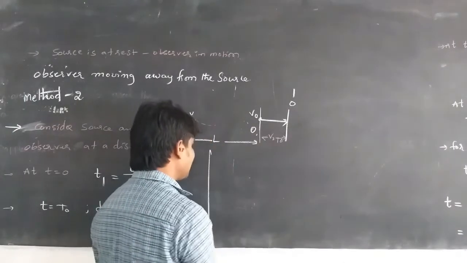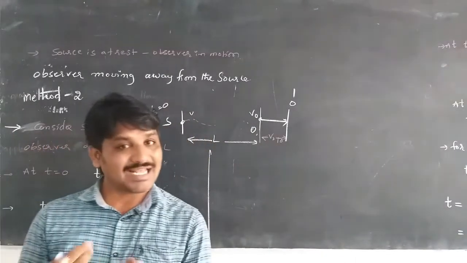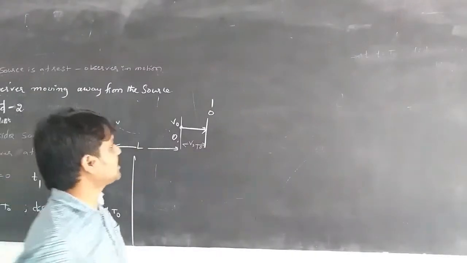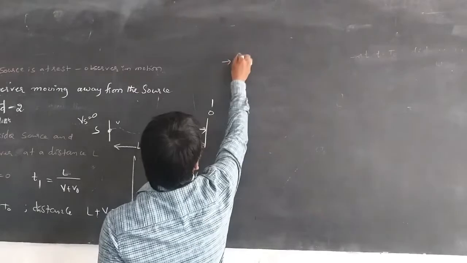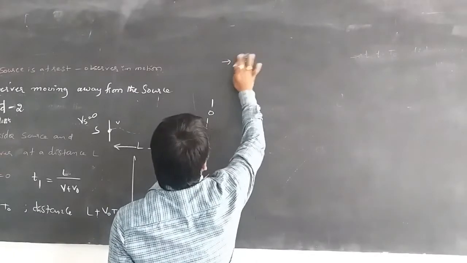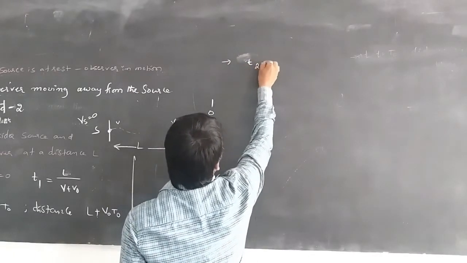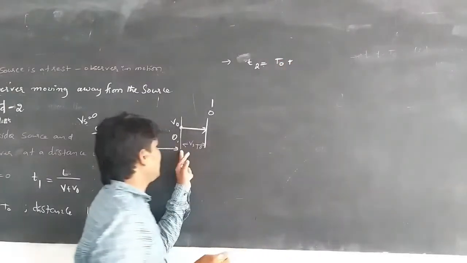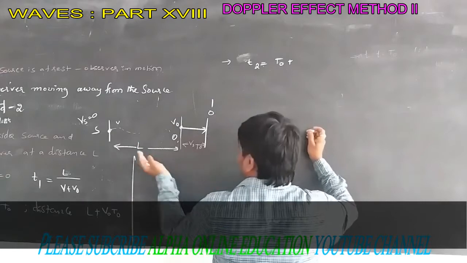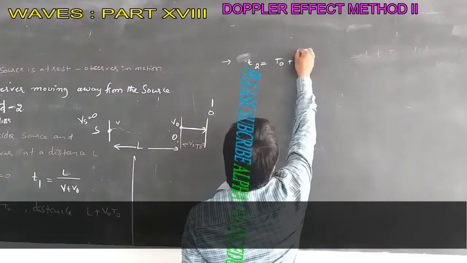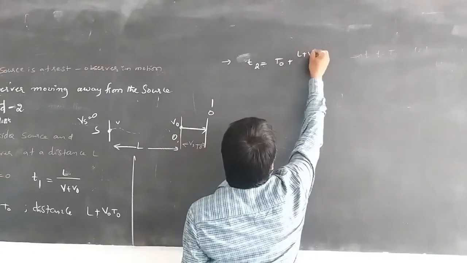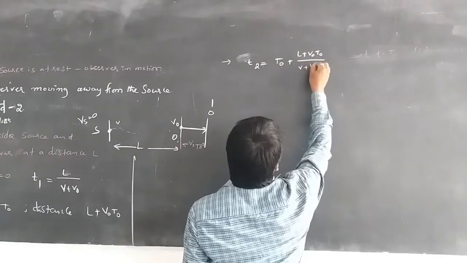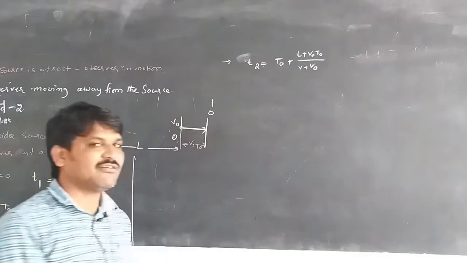So after some time he receives another wave over the distance L plus V0 T0. The second wave is received by the observer at T2, which is T0, the time taken to travel from O to O dash, plus the time taken to receive the wave, L plus V0 T0 by V plus V0.